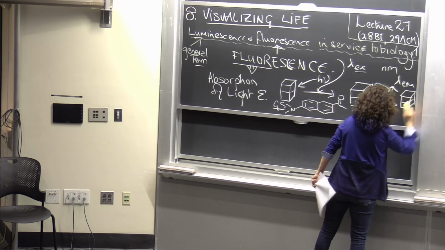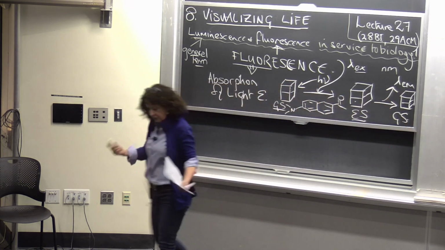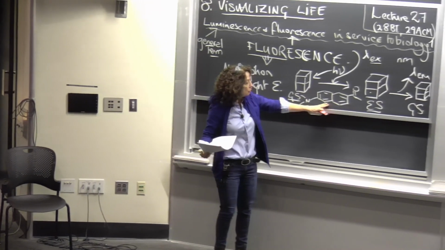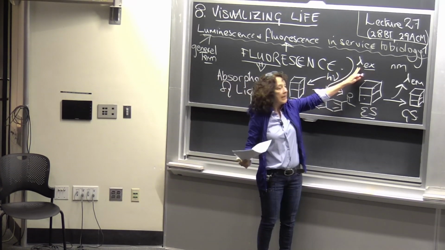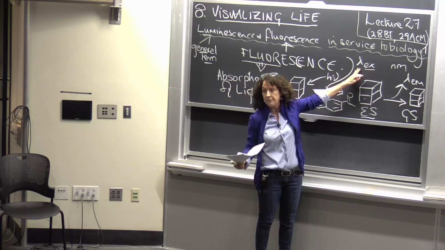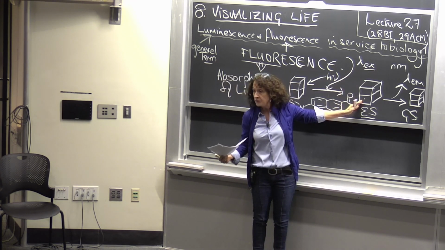Now, the photophysics of fluorescence involves the excitation of a molecule with light of one energy. That light energy is at a particular wavelength, so it's called its lambda of excitation. That molecule very, very transiently, it's usually picoseconds or nanoseconds for organic molecules.